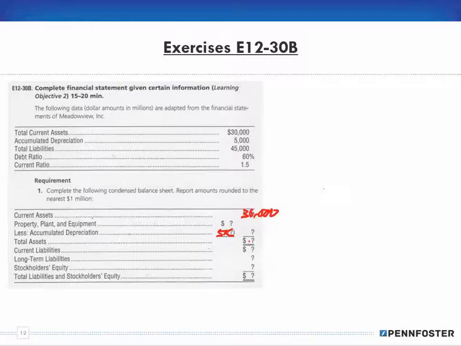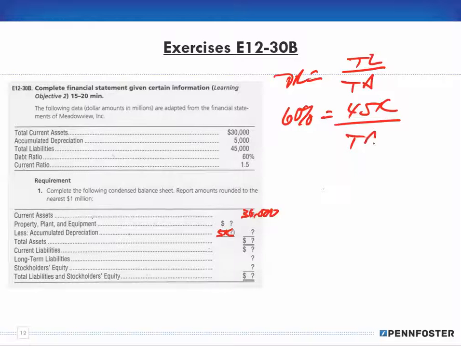Total assets. I understand that my debt ratio is equal to my total liabilities over my total assets. And I know that my debt ratio is 60%, and that's equal to my total liabilities, which is 45,000, over my total assets.